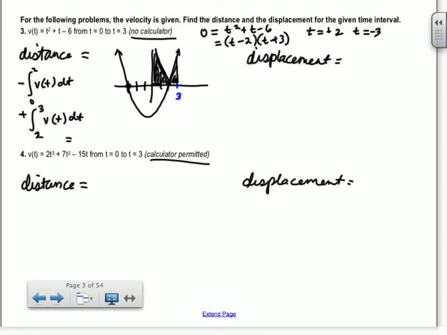Okay, did you guys find that out? Okay. You haven't finished? Okay. So it's going to be the opposite. So you're going to have negative t squared minus t plus 6 dt from 0 to 2 plus t squared plus t minus 6 dt.